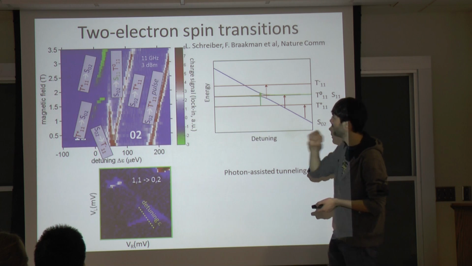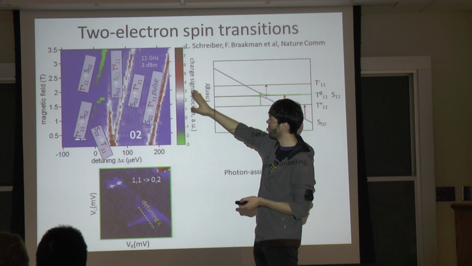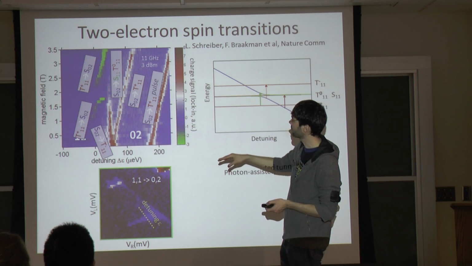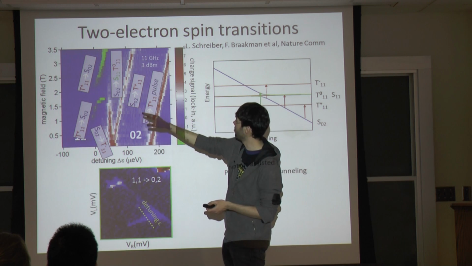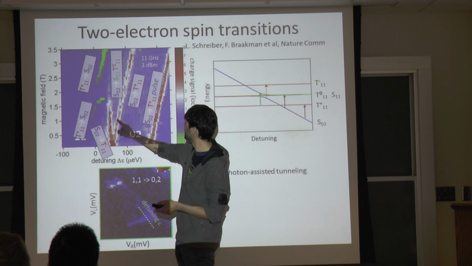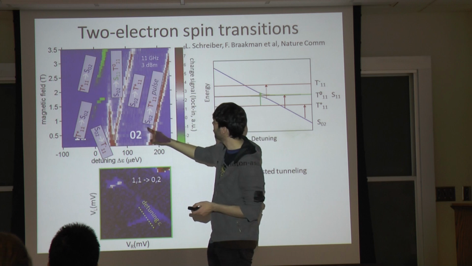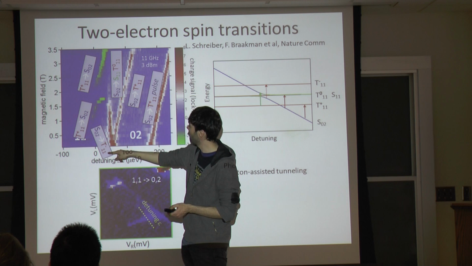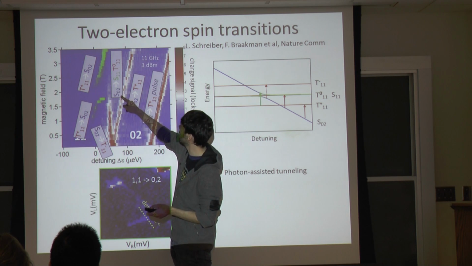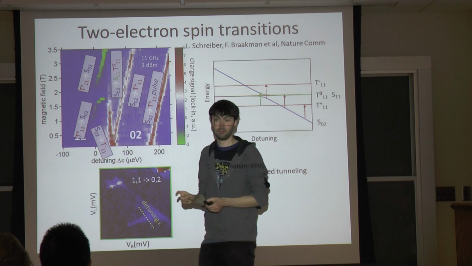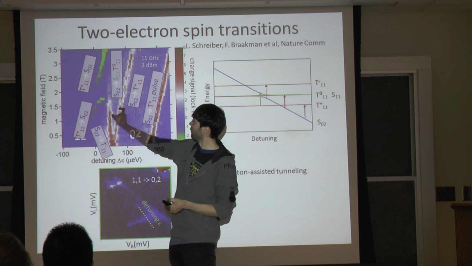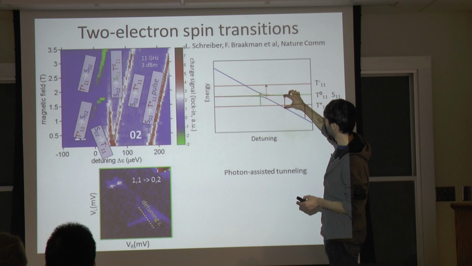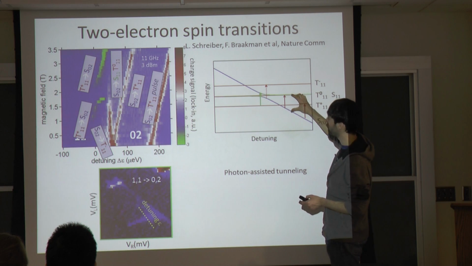So you can see there is some shift that comes from, it's an artifact of their measurement, but you can see that as they change magnetic field, these two guys split, and that's expected because one of them is a singlet to triplet minus, and the other one is singlet to triplet 0. So the distance between them grows as grows this red arrow if we imagine increasing magnetic field.